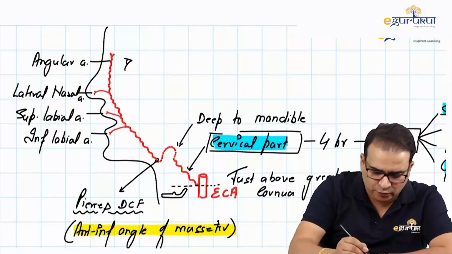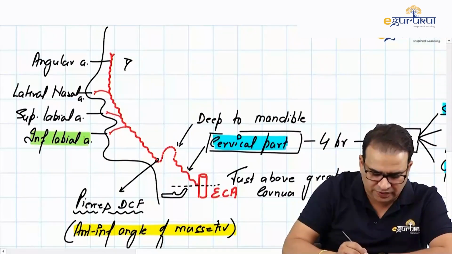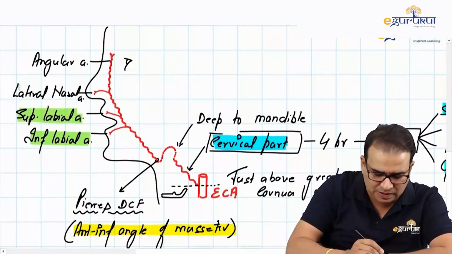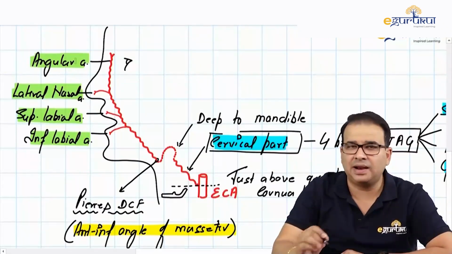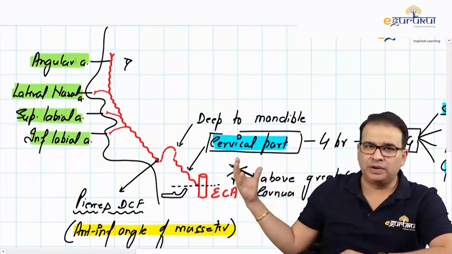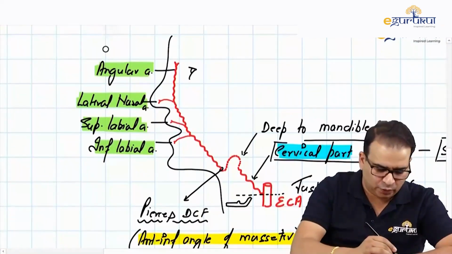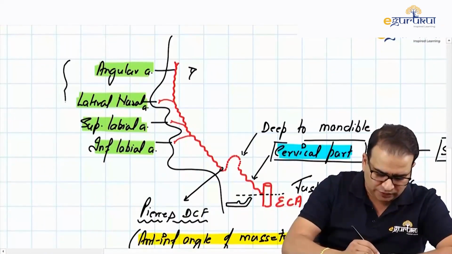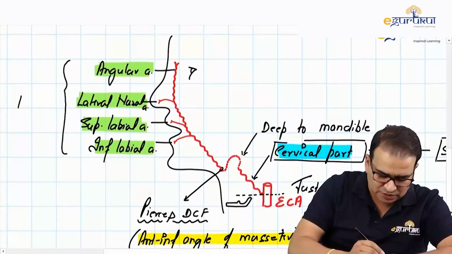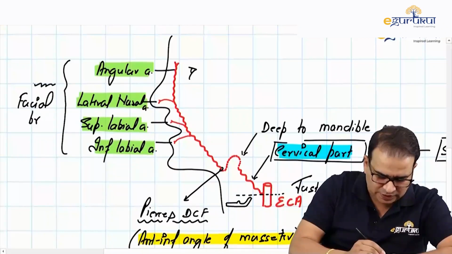So these are the 4 branches of the facial artery on the face: inferior labial, superior labial, lateral nasal and angular. So 4 named branches in the neck region, the 4 cervical branches, and as I said, these are the 4 branches on the face. So we call them the facial branches.